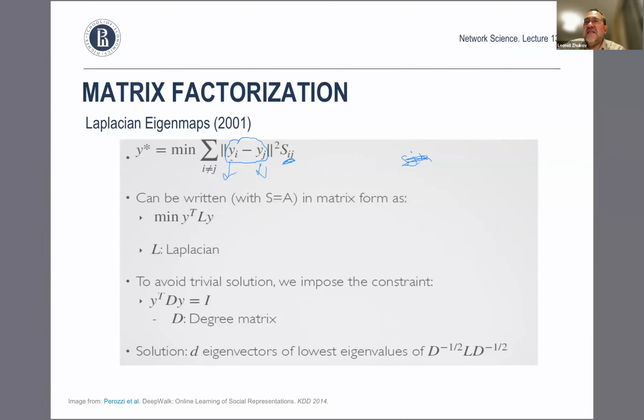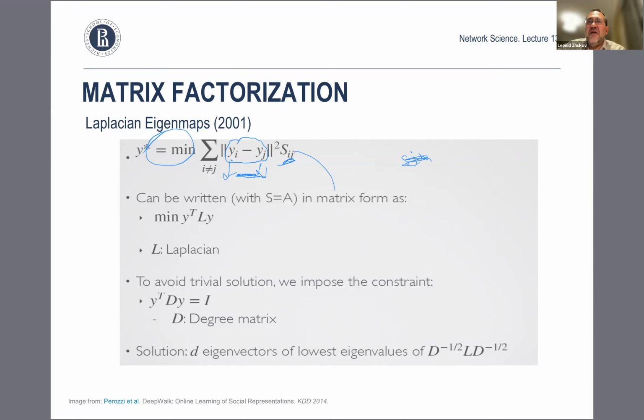And if they're connected, then in order for this function to be minimal, this difference should be small. So that's pretty much it. We want to minimize this functional and find embeddings such that for the neighboring nodes, the distance between embedded vectors yi minus yj will be small.